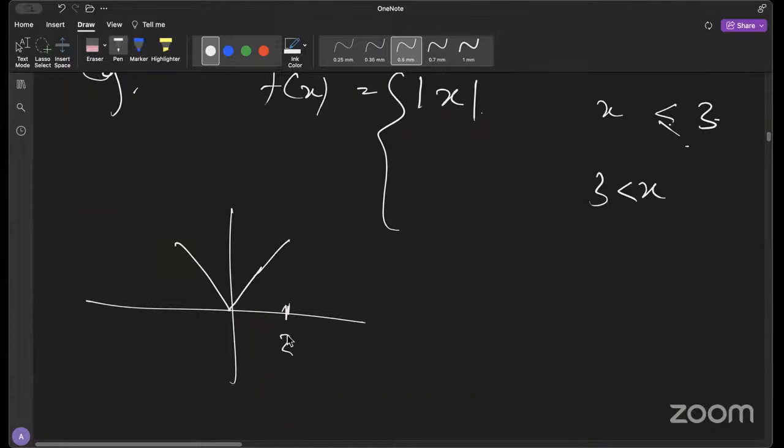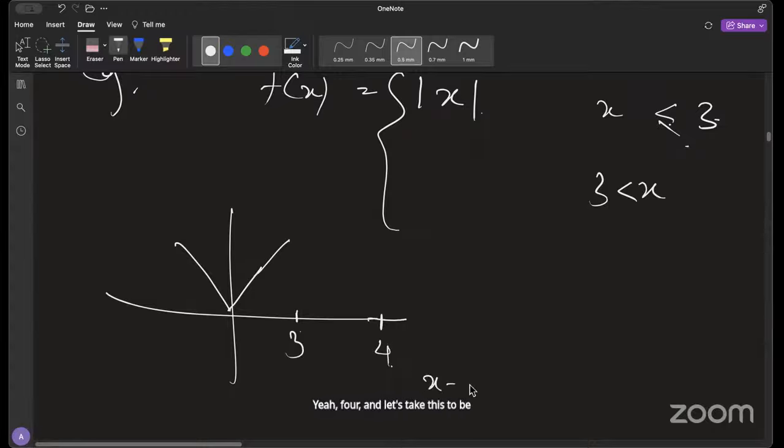This is the point 3. Let's take this to be 4, and let's take this to be x minus 4 squared here.